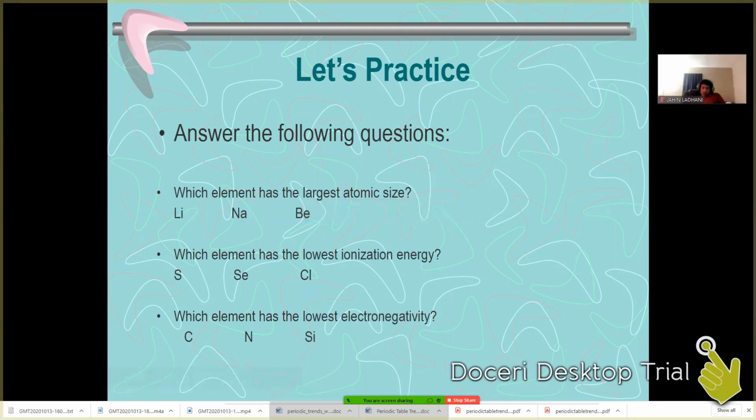All right, so we said that one was sodium. So which element has the lowest ionization? Selenium, that's correct. Number 3 is nitrogen. Actually, number 3 isn't nitrogen. It's silicon, exactly. Lowest electronegativity would be silicon.